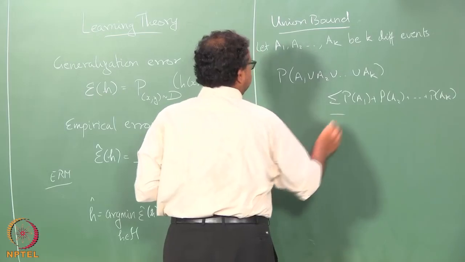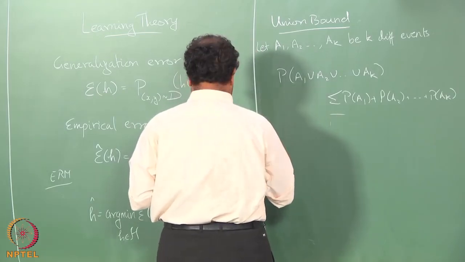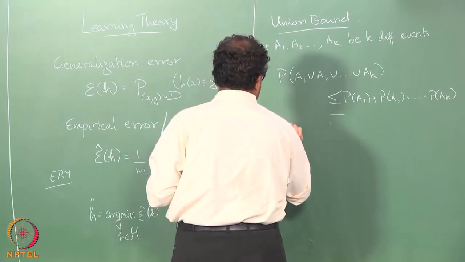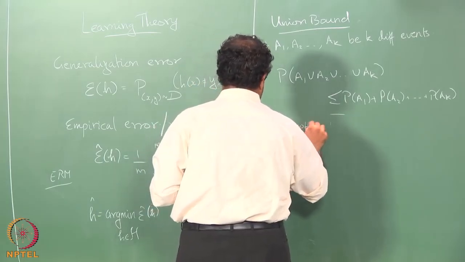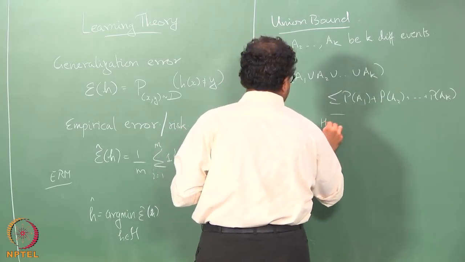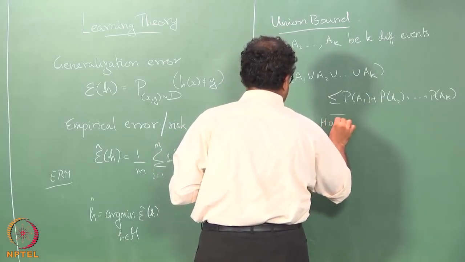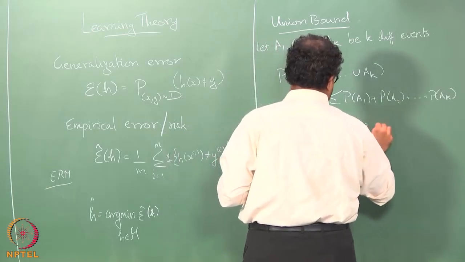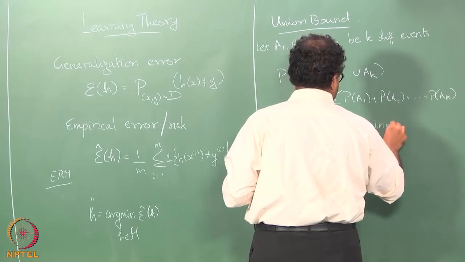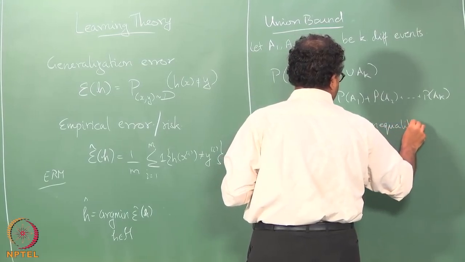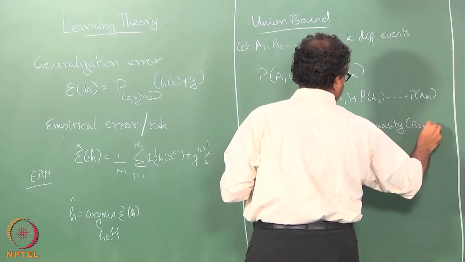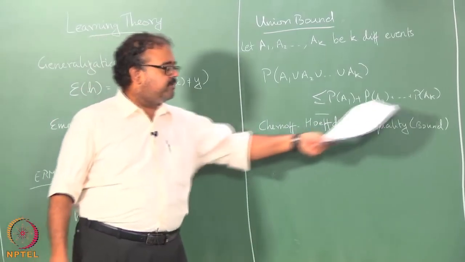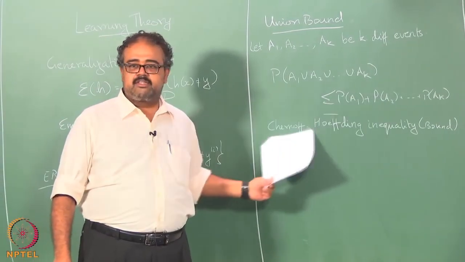So the next thing is something which is variably called a Chernoff-Hoeffding bound or the Hoeffding inequality or the Chernoff inequality.